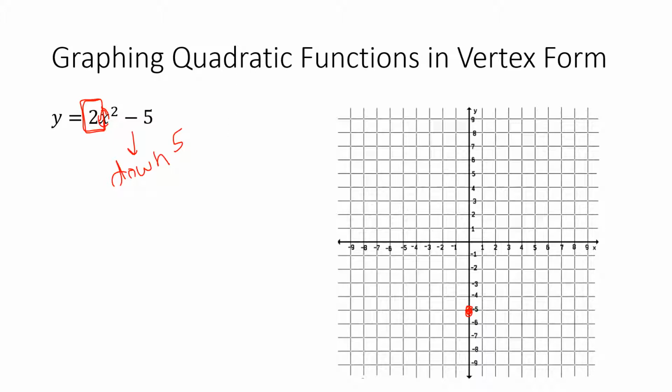So instead of going over 1, up 1, I'm going to go over 1, up 2. And then instead of going over 2, up 4, I'm going to double it. I'm going to go over 2, up 8. So from my vertex, I'm going to go over 2, up 1, 2, 3, 4, 5, 6, 7, 8.